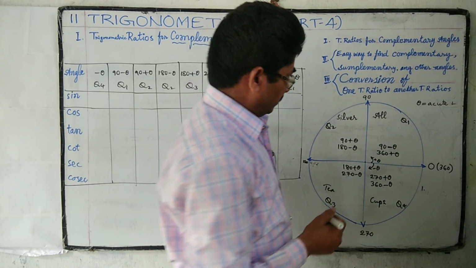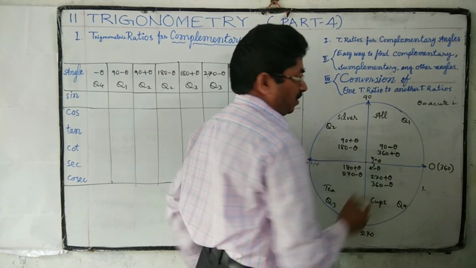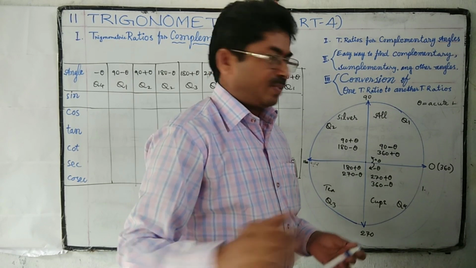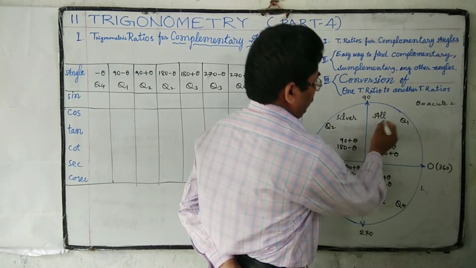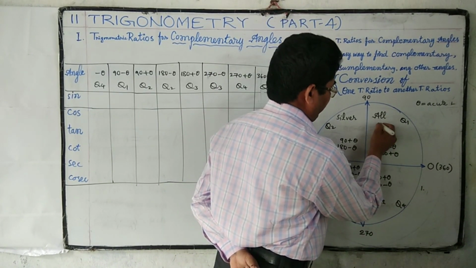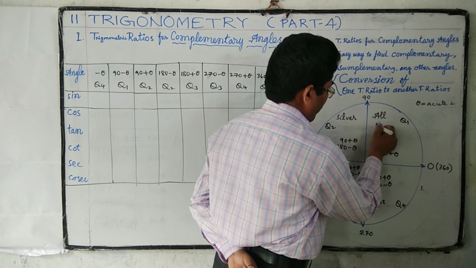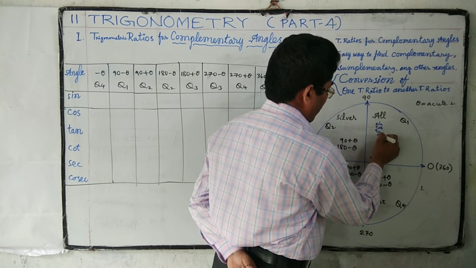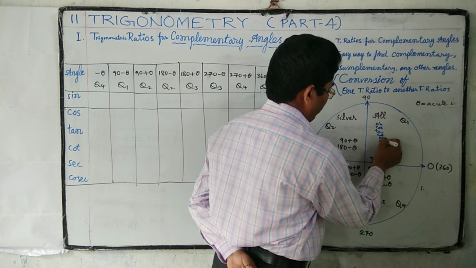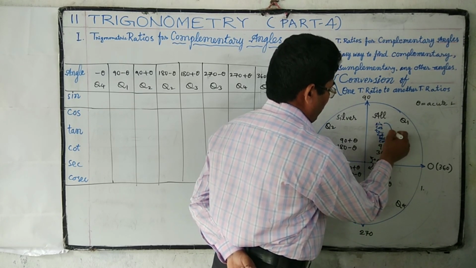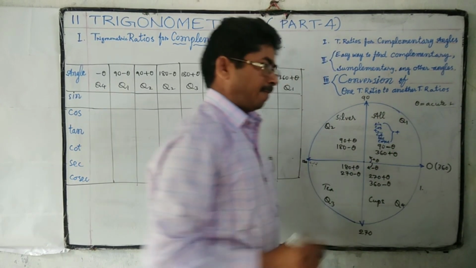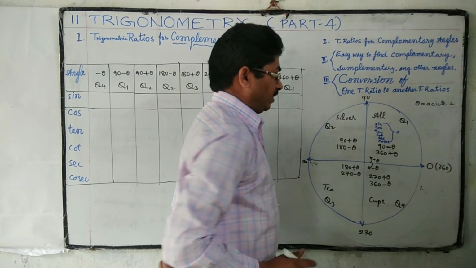So what does this mean? All trigonometric functions are positive in the first quadrant. All trigonometric functions means sine, cos, tan, cot, sec, cosec. These are all positive. Next, second, silver.